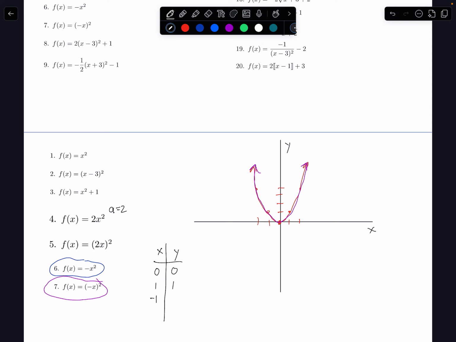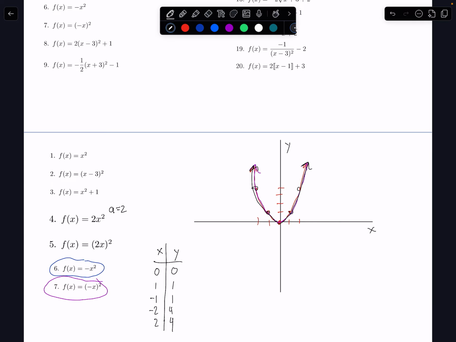If I plug in negative 1, negative times negative is a positive 1, squared, I still get 1. Negative 2, negative times negative is a positive 2, squared, I get 4. If I plug in positive 2, it's going to give me negative 2, but squared, still 4. So all the same points, right? So we're just landing right back on ourselves after that reflection.